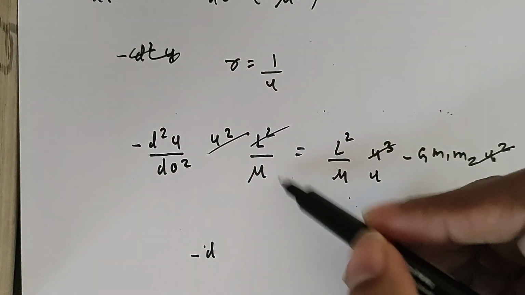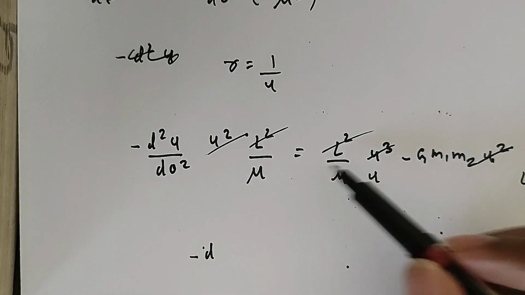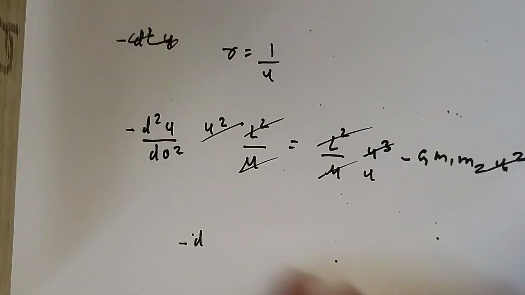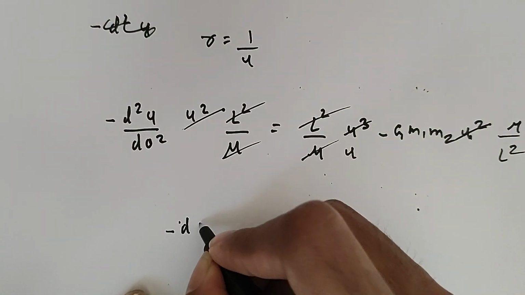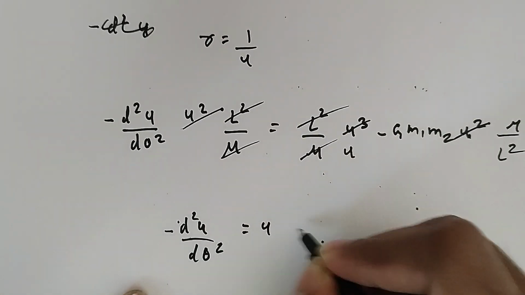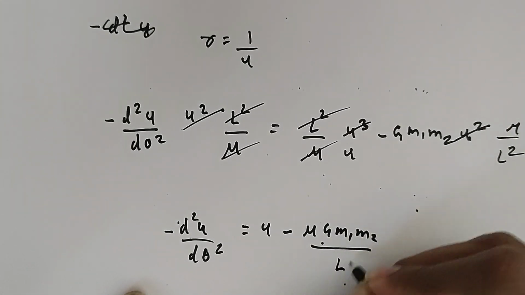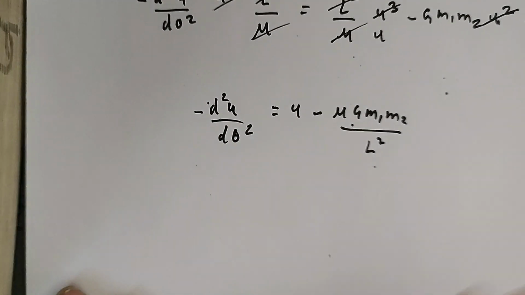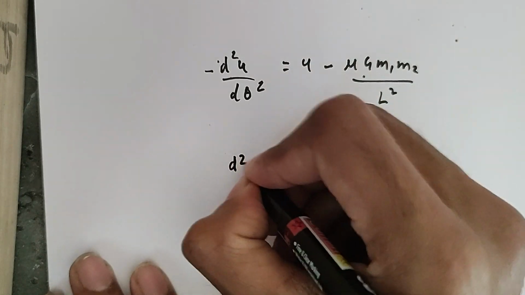Also the L square, and here we have L square, and here we will have mu. So this is just my rough work, I'm just doing it for myself. You can see the final equation would be in this form. So let me rewrite this equation nicely, because I have to explain a few terms regarding this differential equation.